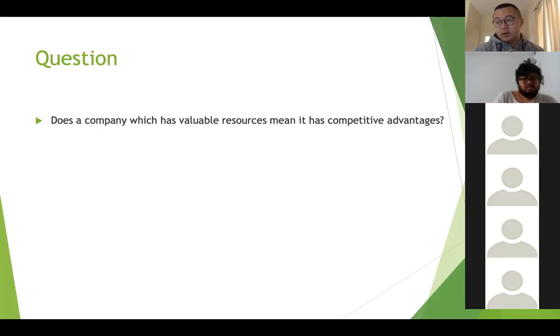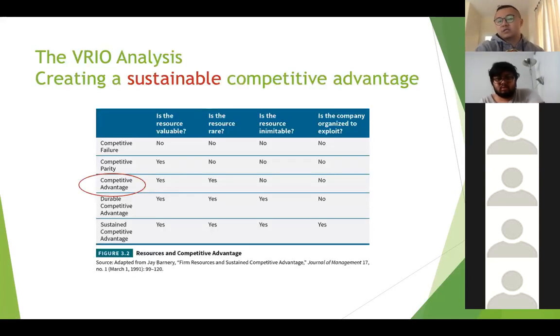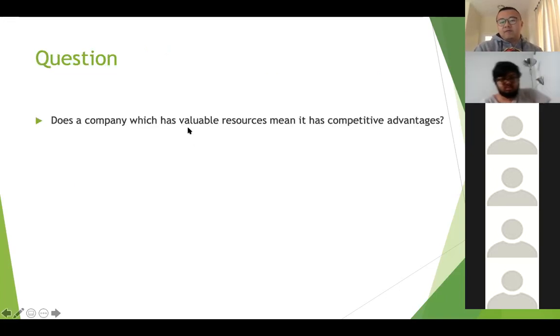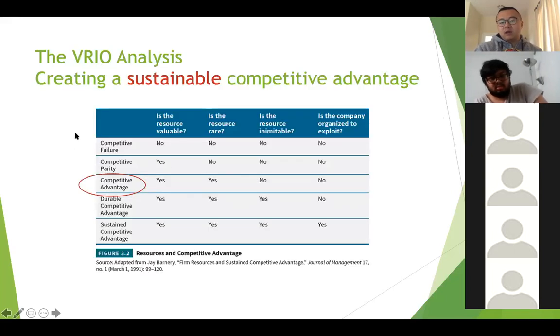Yeah. Okay. So here's why I use sustainable on the previous slides. Valuable resources only mean the very first step: the resources of the company only achieve valuable, not the other three: rare, inimitable, and organized.